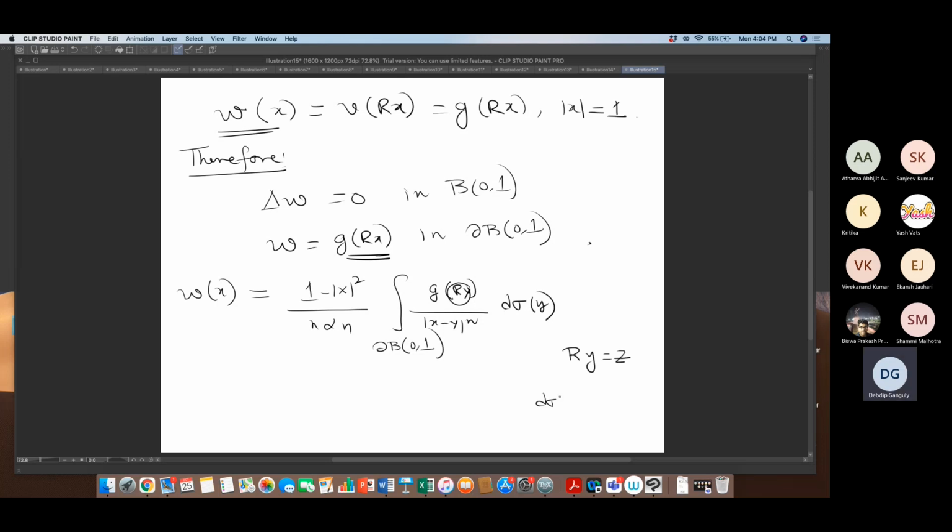So dσ(z) will be R^(n−1) dσ(y). Okay? And the ball will be now B(0,R), y is z by R.